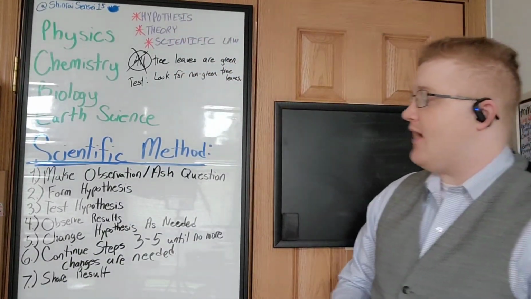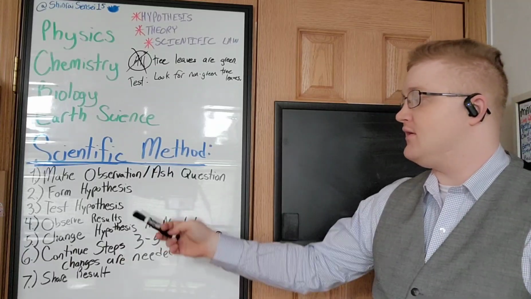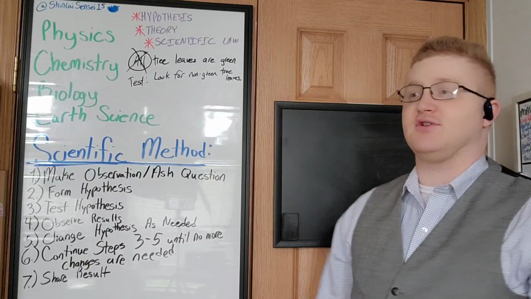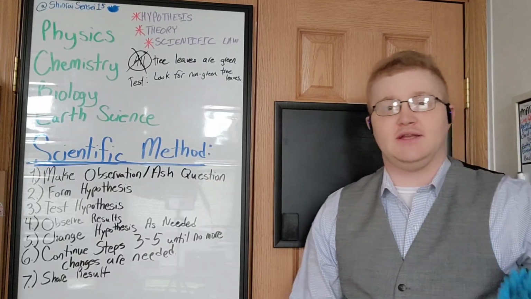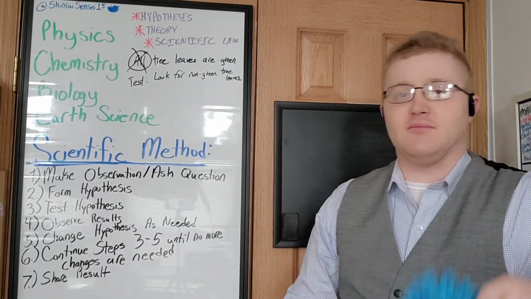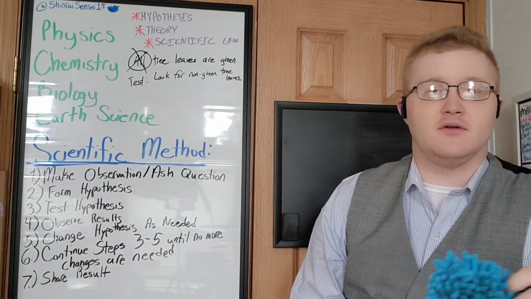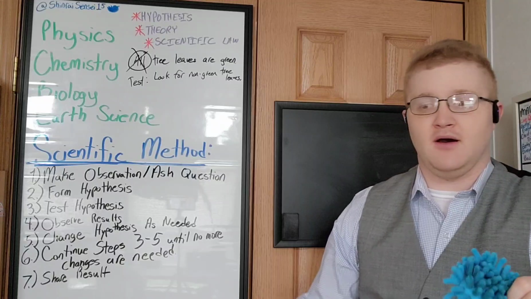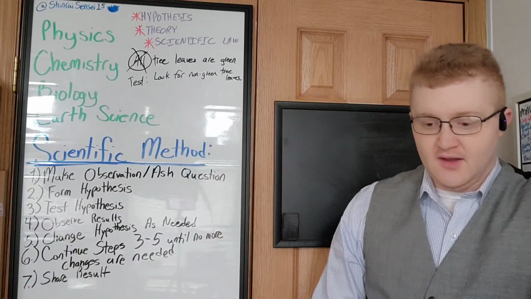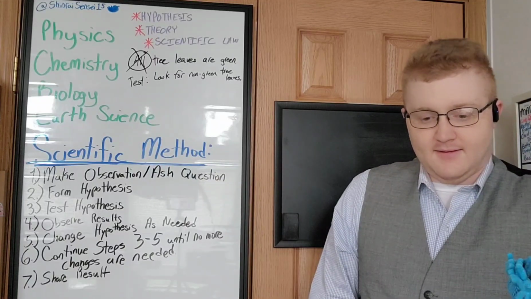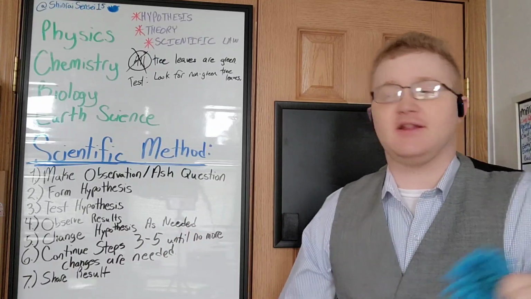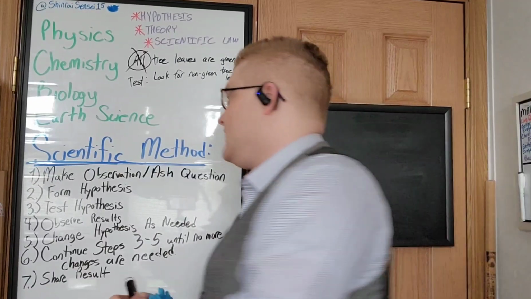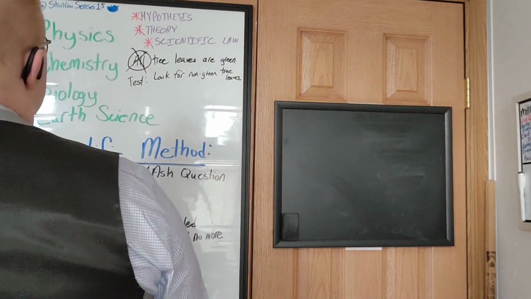So after you test the hypothesis, now you observe the results, which is, in this case, have I found a tree that doesn't have green leaves? And yes, an autumn blaze maple, or various maple trees, don't have green leaves. You will have some dogwood trees and stuff like that. So you observe the results, and the results clearly say that the initial hypothesis is false.